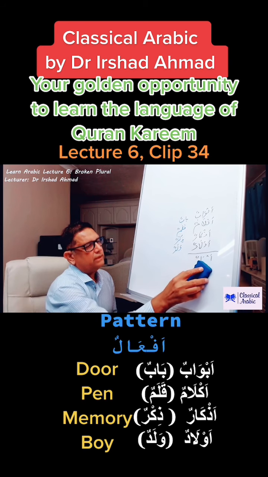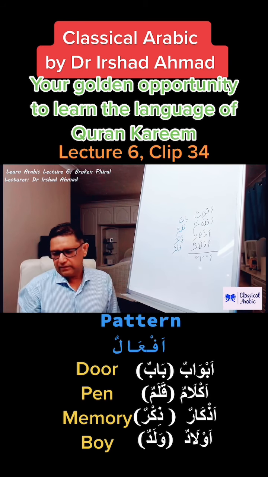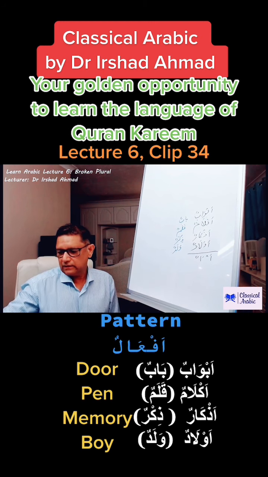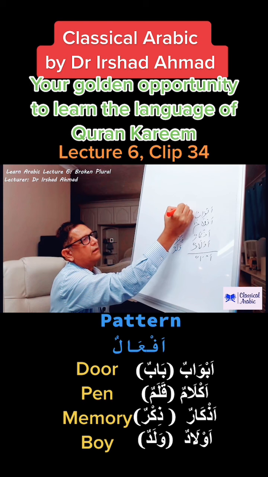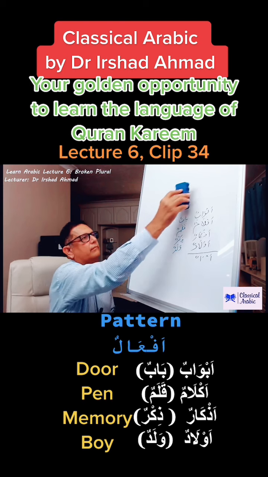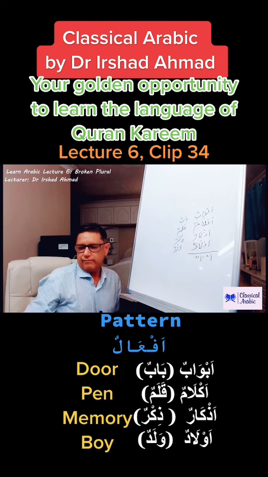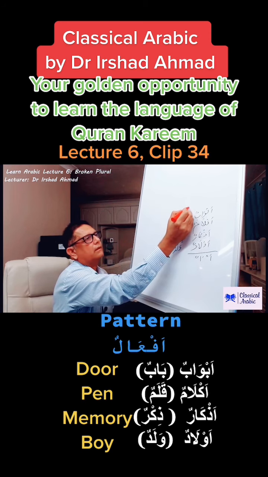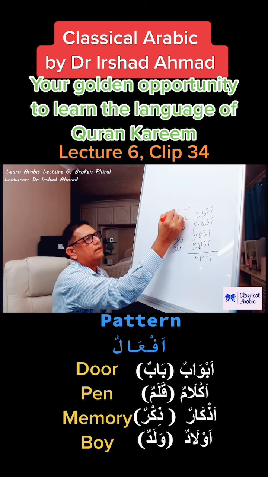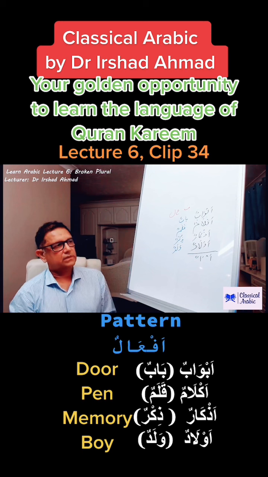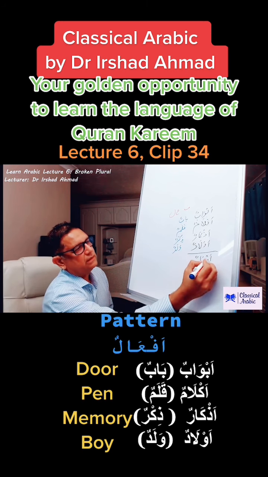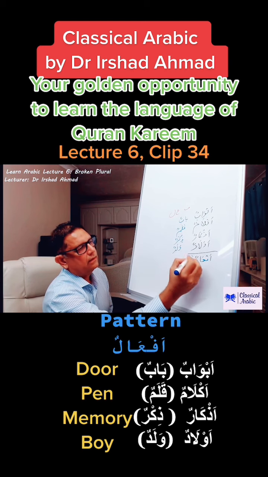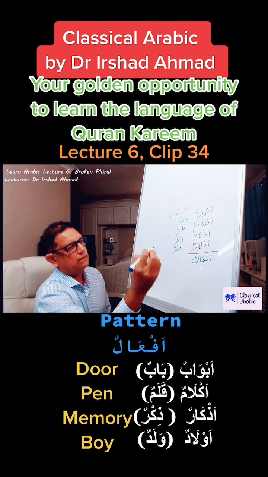Now what we do is fit our generic root, Fa Ain Lam, into it. So we're going to fill in the blanks with that. That will be Fa, Ain, and Lam.